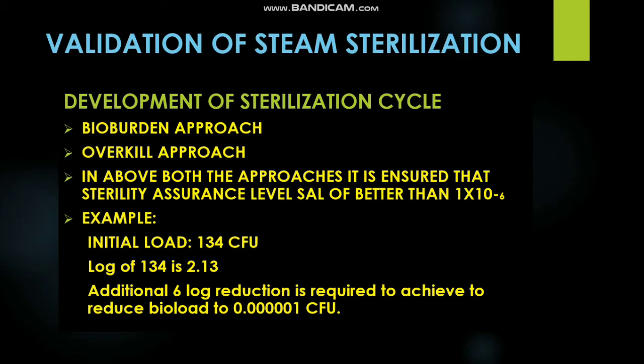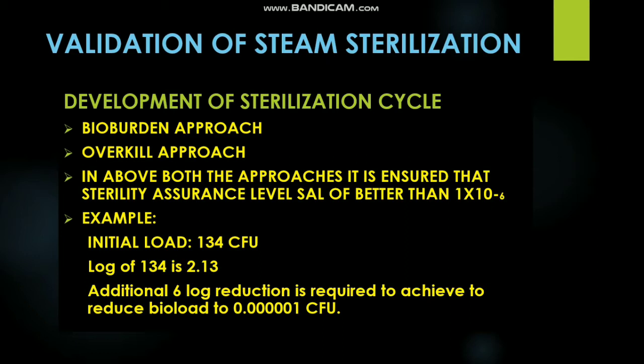In the bioburden approach, what is done? First, we need to check the bioburden of the articles or solution, or whatever we are going to sterilize. What can be the maximum bioload of that particular article, and for that bioload, how many D values will be required to reduce it to 10 to the power minus 6, so it will be 0.000001 CFU.